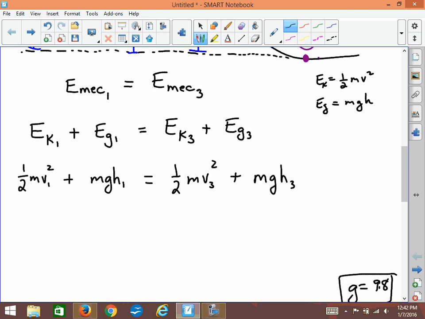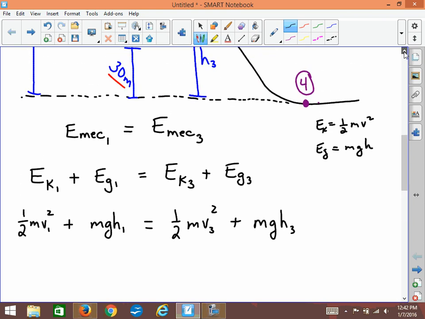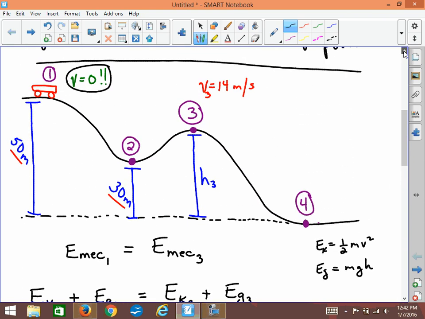We already have a lot of numbers, right? If we go back to the picture, we can see that we have 0 for the speed at position 1 right there, and 50. So we can use those. And then we have 14, and then we don't know this height at position 3, but that's what we're after.